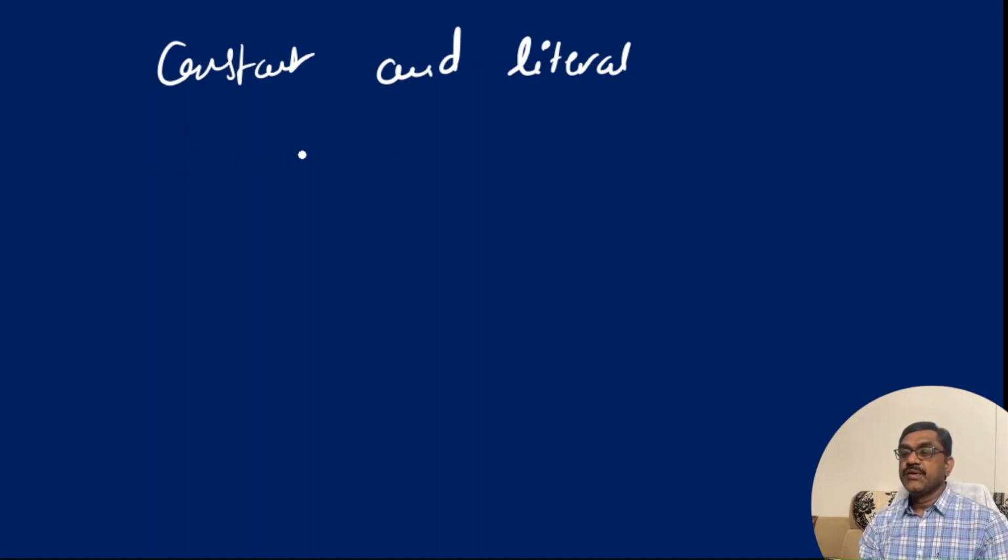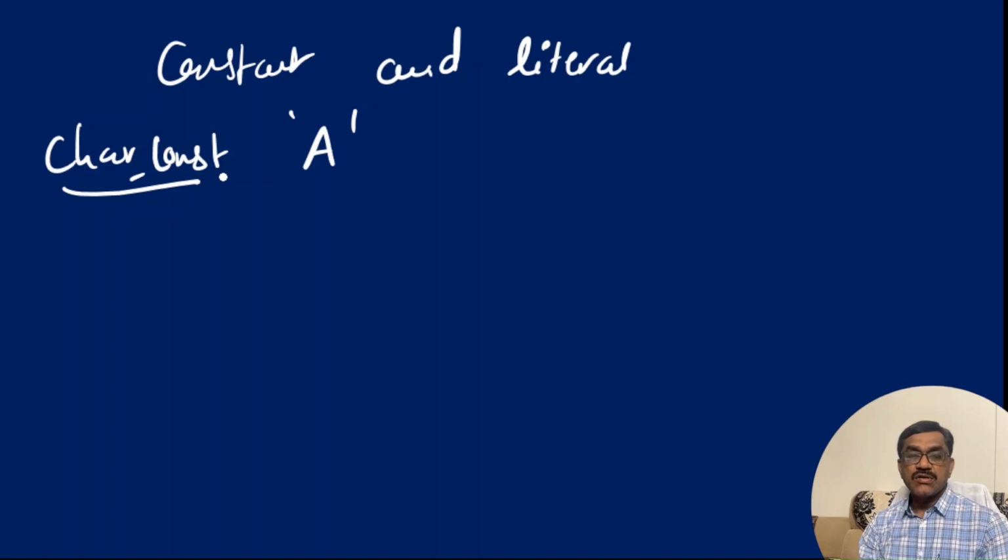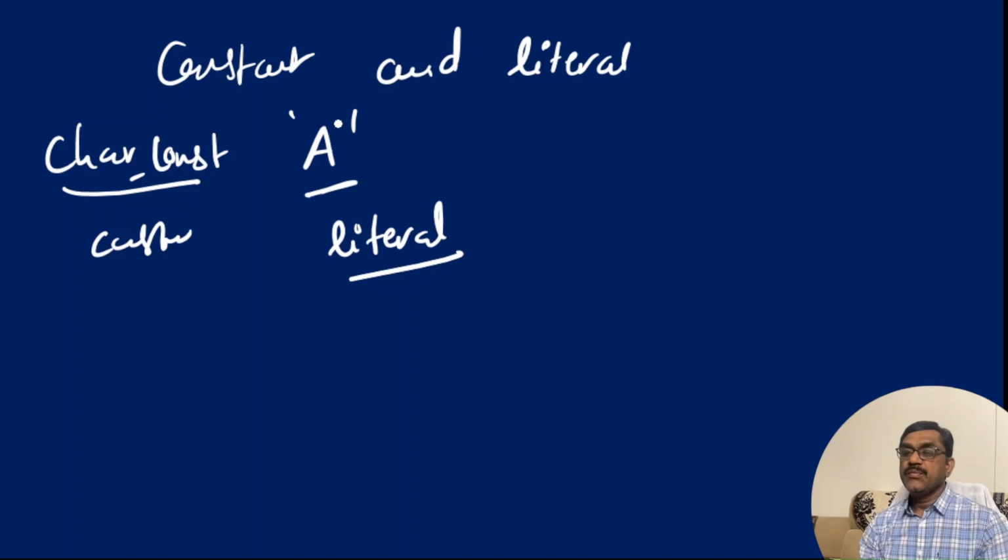For example, in the previous example I gave the character A in single quotes to a variable called character_const. Character_const is the constant variable, whereas this A, which is enclosed in single quotes, is known as a literal. The main difference is that a constant is a variable which stores a literal.